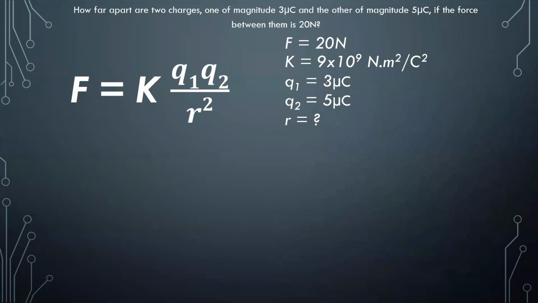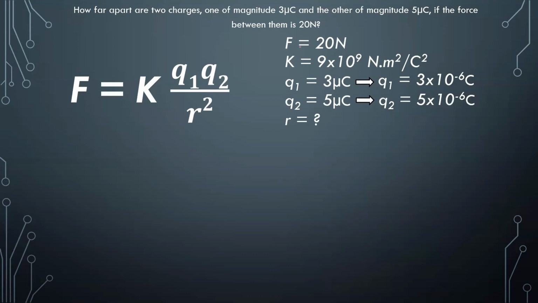Since our charges are in micro, convert natin siya into coulomb. Micro is equal to 10 to the power of negative 6, so that is 3 times 10 to the power of negative 6 coulomb, and 5 microcoulomb is equal to 5 times 10 to the power of negative 6 coulomb.